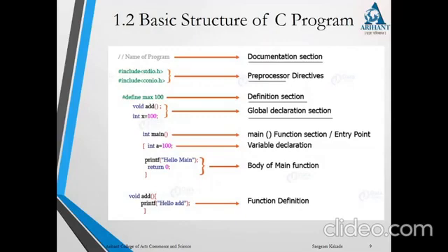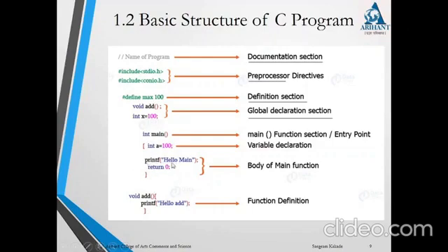Next is preprocessor directives. Here you have to include the preprocessor directives which are necessary in your program. Here we have included two directives: one is standard input output and the other is console input output. We have included standard input output because we need certain functionality which has been written in it, like the printf function.